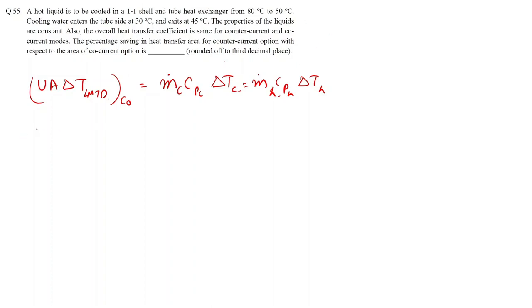Now similarly, for the counter current flow, we can write it as UA LMTD for counter current is equal to, now the heat exchange will remain the same as the co-current flow because the mass flow rate is the same, Cp will remain the same, and delta Tc, that is the temperature difference of the cold fluid, will be the same as the previous one.